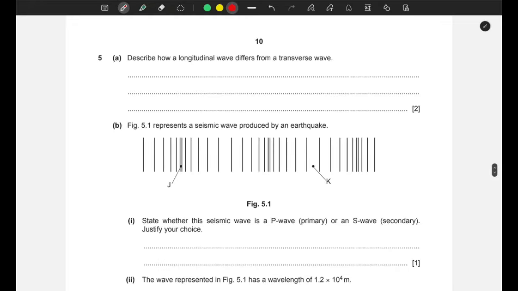Question number 5. Describe how longitudinal waves differ from a transverse wave. Right.